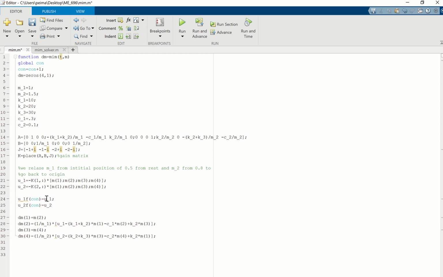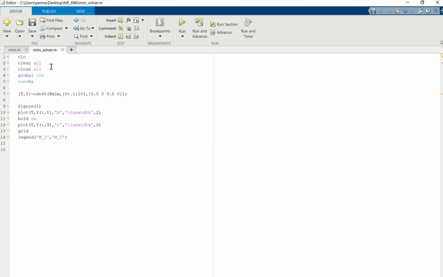But you have to make this also global, because you want to call it in the other file: U1F and U2F. The same, you have to move them here. This is how we plot this. Now I'm going to plot them. But I have a point, bear with me. Don't think that we are done.